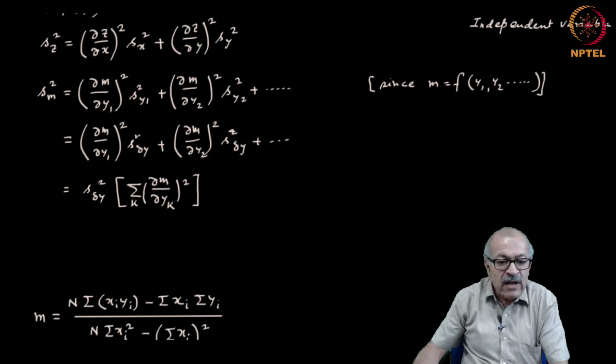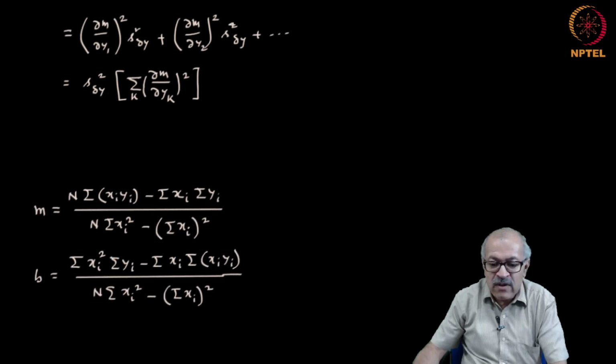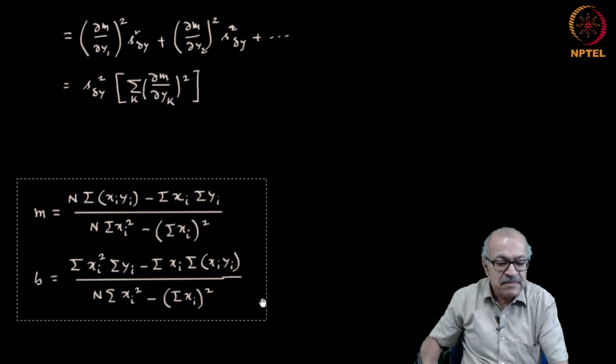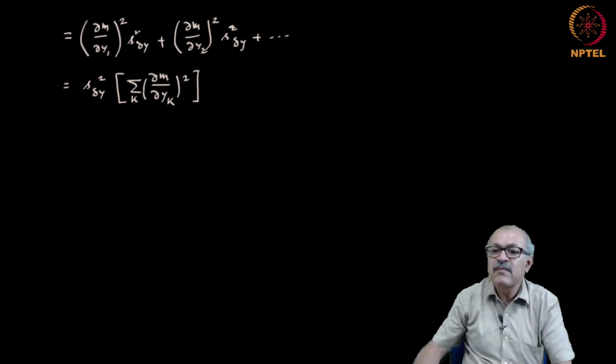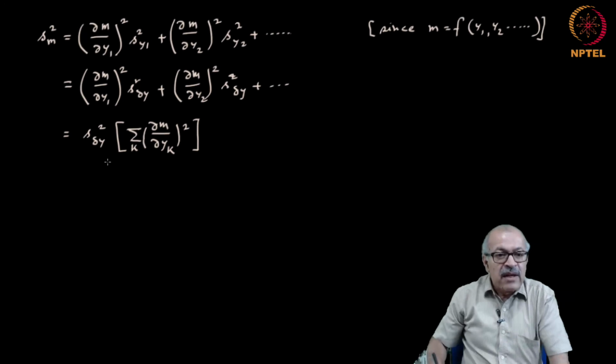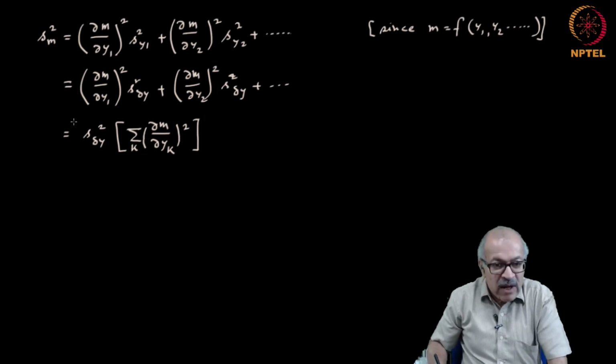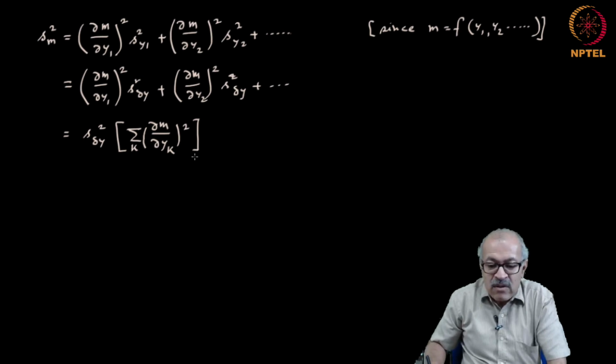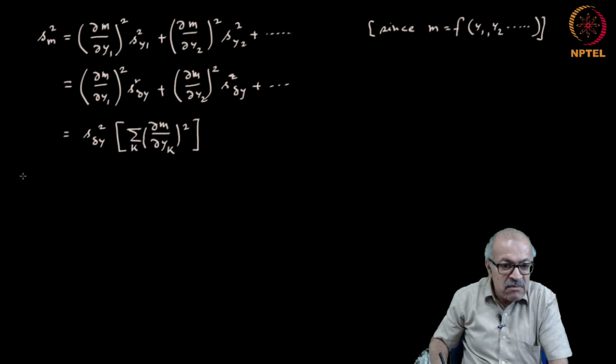In order to find these values, I will use whatever we had earlier calculated as M and B, but let me erase this because we need space here. So, s square m, the variance in M, is given by this, and we have already seen M, which I just erased.